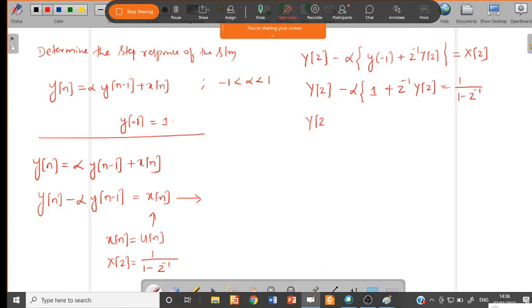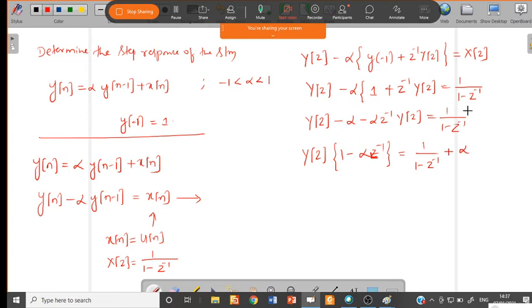So now you can multiply alpha inside, so you will get 1 minus alpha z inverse into y of z, which is equal to 1 over 1 minus z inverse. Now take y of z common, you will get 1 minus alpha into z inverse. Okay, which is nothing but 1 over 1 minus z inverse. So this will become plus alpha, if you send it this side, you will get plus alpha.